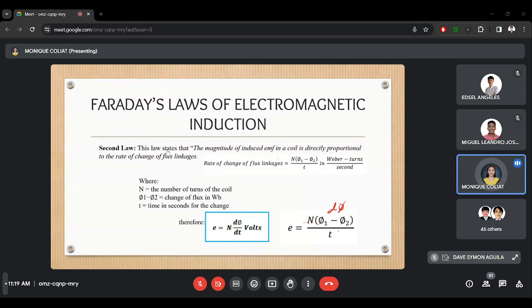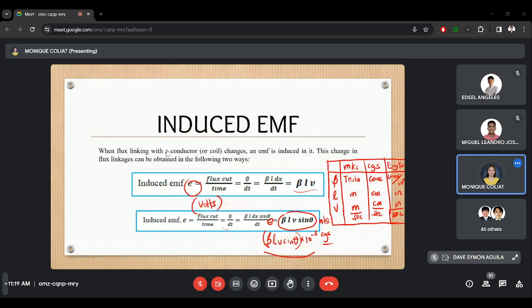Then your change in time is T. Or if it is given in an example directly as time, you will use that. Again, N is the number of turns of the coil. Flux 1 minus flux 2 is the change of flux in terms of Weber. T is the time in seconds for the change.